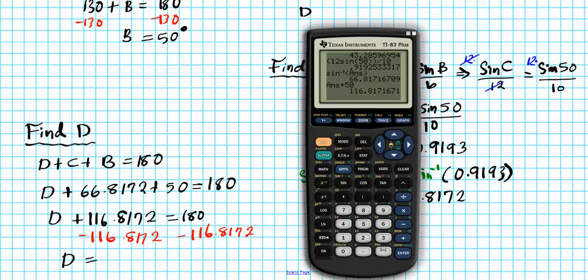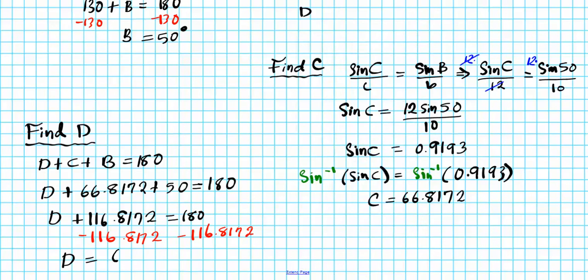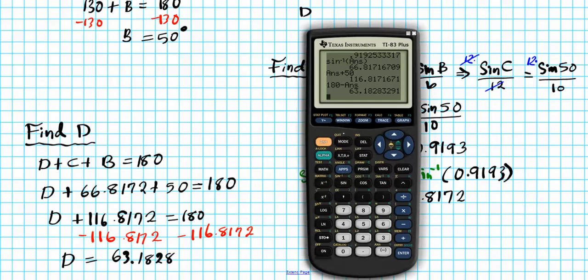All right, so let's do that with our calculators. 180 minus my previous answer, just to preserve accuracy. We have 63.1828. So let's write that down. Big D is 63.1828, I believe. Let me look at it again just to make sure. 63. Okay, good.